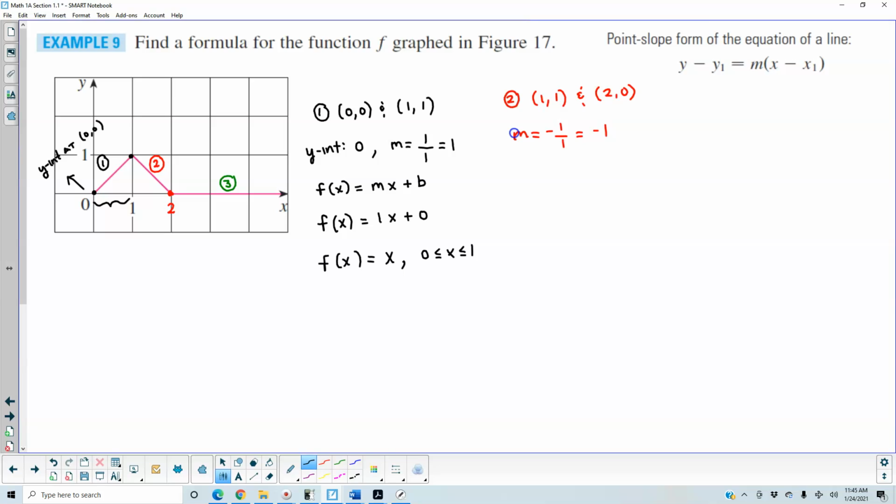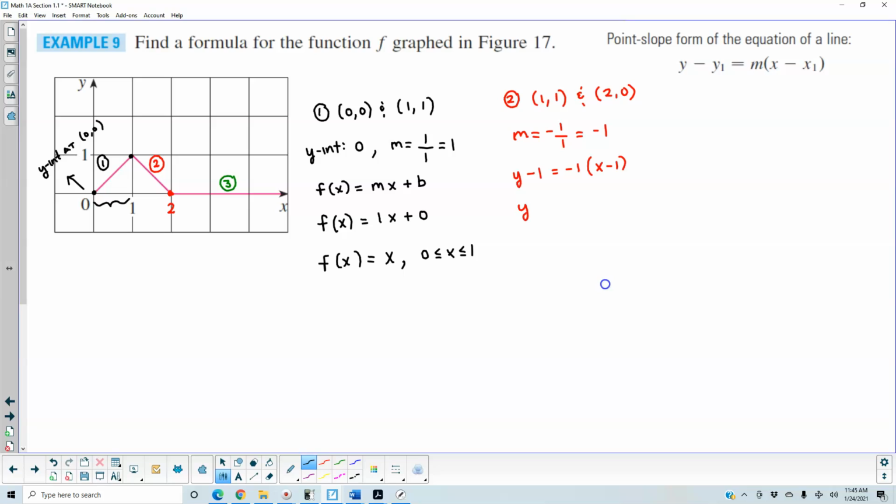And then we're going to use one of those points and the slope, using the point-slope form, to find the equation of line number 2. So we have y, and we can choose either one of those points. So we're going to put y minus 1 equal to negative 1, which is our slope, times x minus 1.